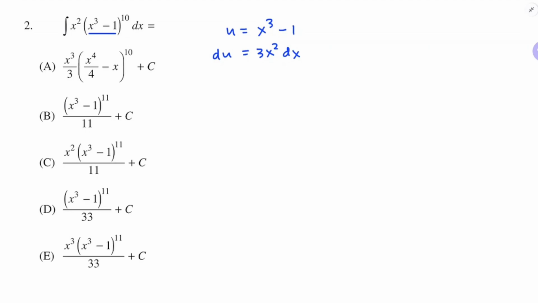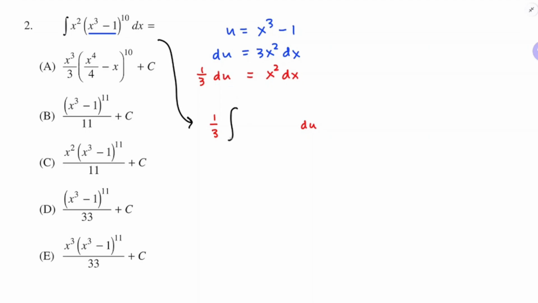Okay, but we don't have exactly 3x squared dx. We have x squared dx. And so that's going to be 1/3 of du. And because when I make the substitution, I need to get rid of all of the x's and convert them all into u's. So I'm going to go over here and say, okay, well, the x squared and dx is turning into a 1/3 and a du.